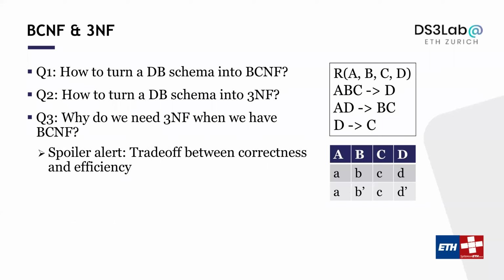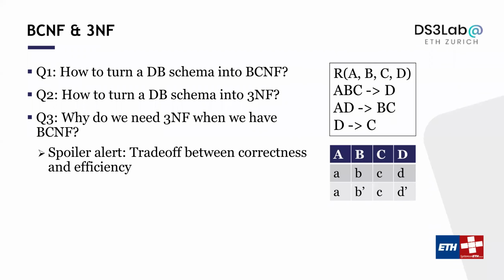Question number two is, how can we turn that into something that satisfies the third normal form? And the third question is, why do we talk about both? Why don't we just talk about the strongest one? Why doesn't the whole lecture be about BCNF? There's a trade-off between the third normal form and BCNF, and that is something we are going to talk about as our third question.